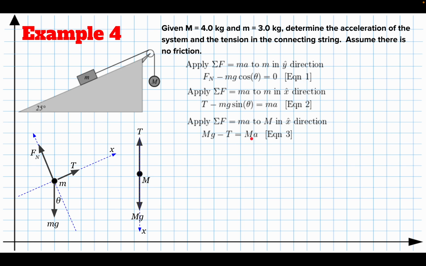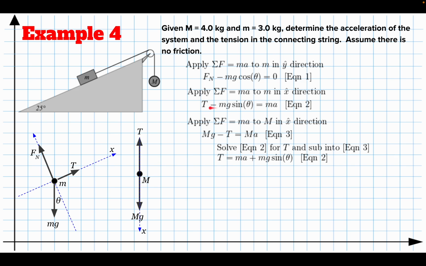Okay? Now, our goal is to find the acceleration of the system. So we need to eliminate the tension. So probably the easiest thing to do is to solve equation 2 for T and then substitute that into equation 3. When I solve equation 2 for T, this is what I get.